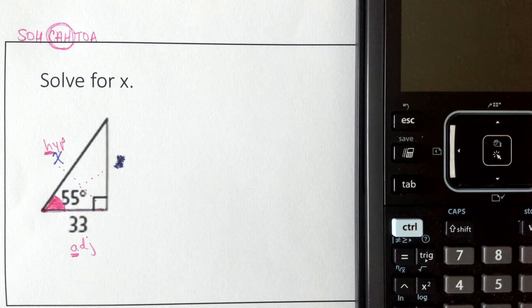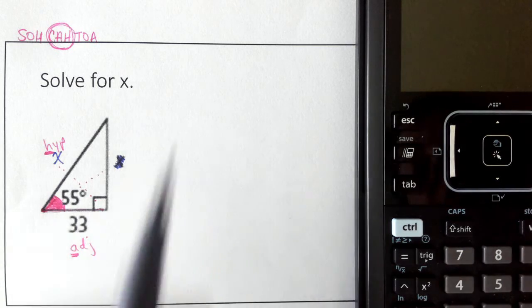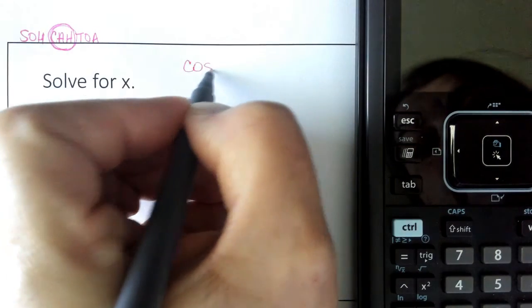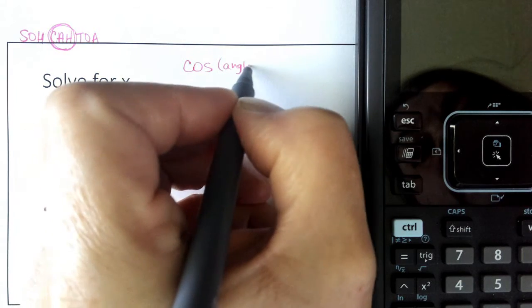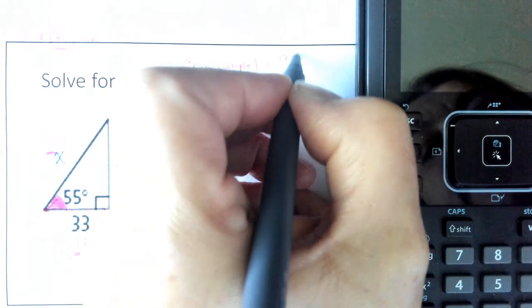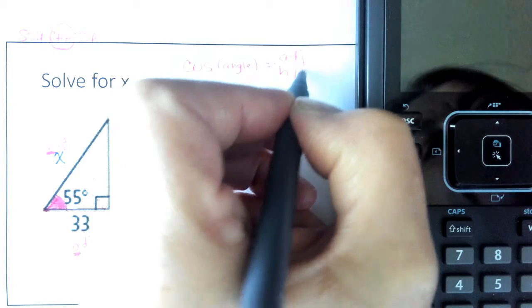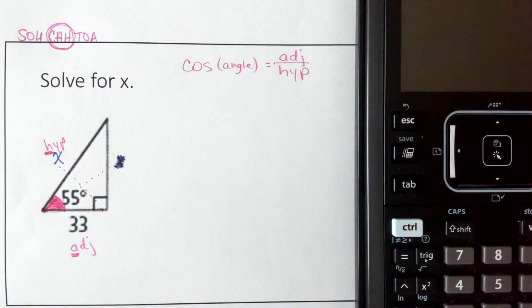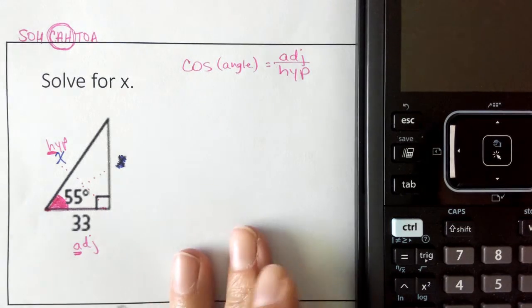So I'm going to need a cosine equation for this one. So I'm going to need cosine of an angle equals adjacent over hypotenuse. Now some of you may already be able to just go ahead and skip to the numbers. If you can, that's fantastic. You go right ahead and do that. Okay, I'm going to scoot this over.